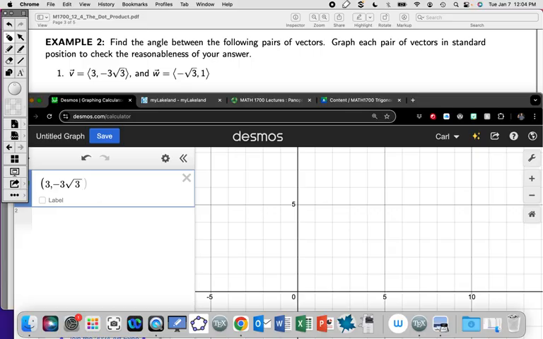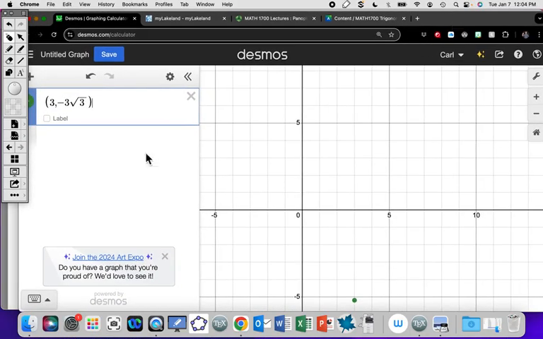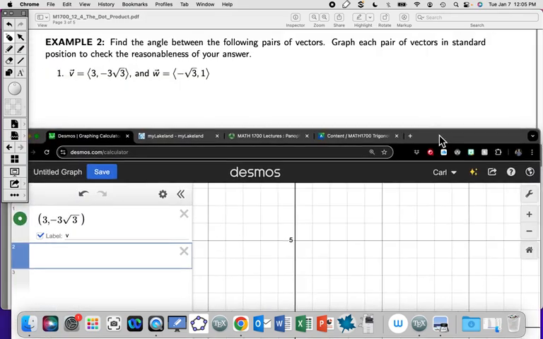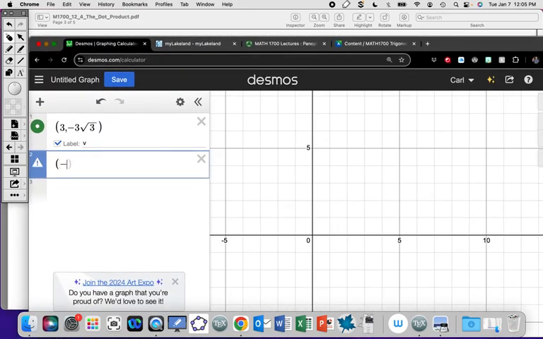There we go. We'll label that v. Then we'll do the same for w, negative square root of 3 comma 1, and label that w.